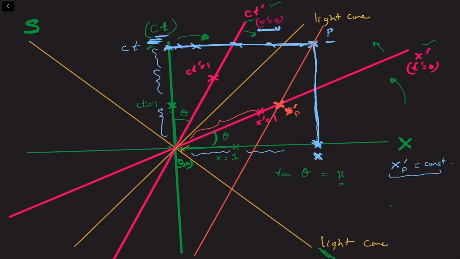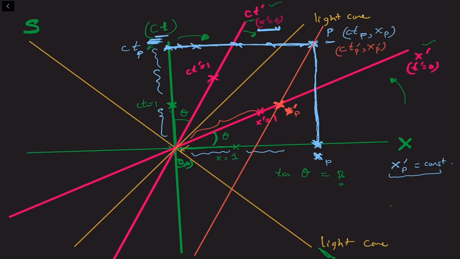Just to be clear, we could have similarly labeled the coordinates as xp and ctp. So in the old coordinates, the point P has coordinates ctp, comma xp. And in the new coordinates, it has coordinates ctp prime, comma xp prime. We just discussed how to find xp prime. We draw a parallel to the t prime axis, and we find out where this parallel intersects the x prime axis.